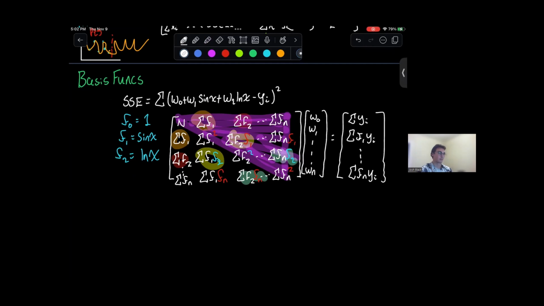Now, usually F0 is 1, but is F0 always 1? No. So generally, this would be F0. This would be F1, F0, and so on. Most of the time, you can rely on that being 1.